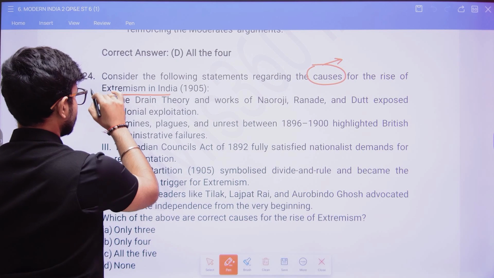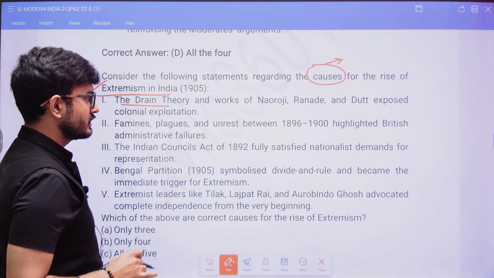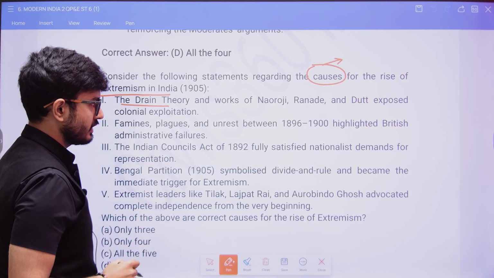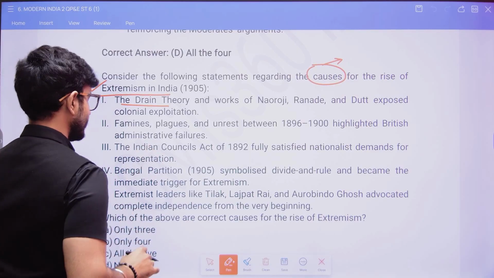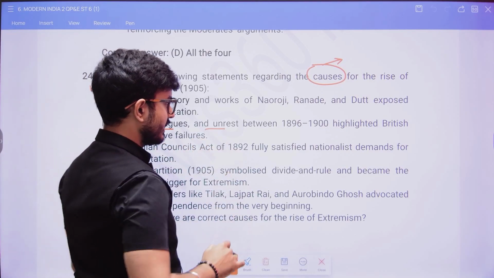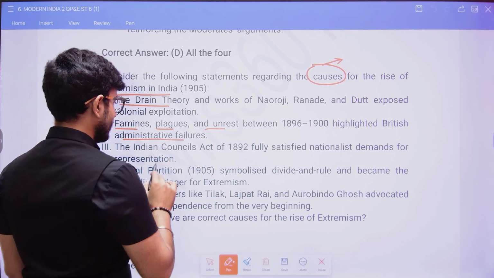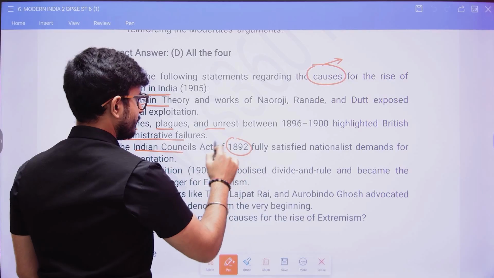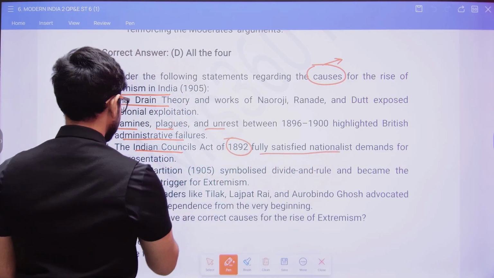So these are the reasons for the rise of extremists in India. The drain theory and the works of Dadabhai Naoroji, M.G. Ranade, and R.C. Dutt exposed the colonial exploitation. Then the famines, plagues and unrest between 1896 and 1900 highlighted the British administrative failures. The Indian Councils Act of 1892 fully satisfied the nationalistic demands for representation.